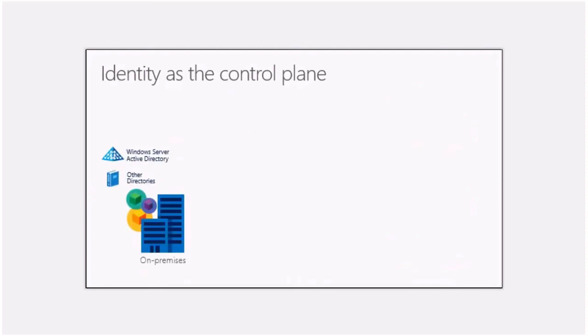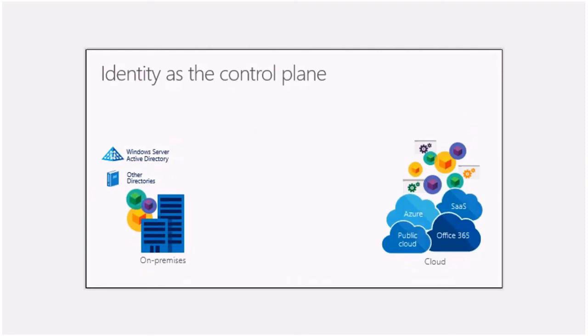But what we're looking for is identity as the control plane, where you have your on-premise Active Directory, which doesn't go away. Then you can have other directories on-premises if necessary, and then you have your whole cloud offering, be it Microsoft 365, Google Apps, Salesforce, Dropbox and a whole host of e-commerce platforms and various software as a service applications.